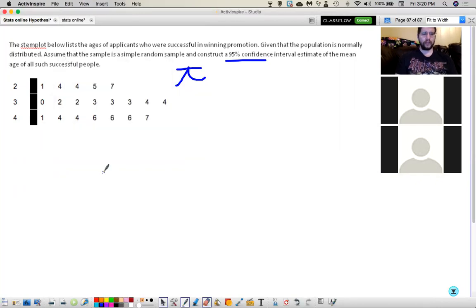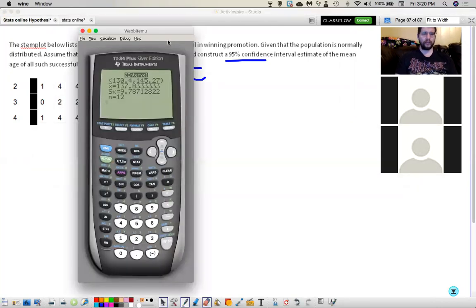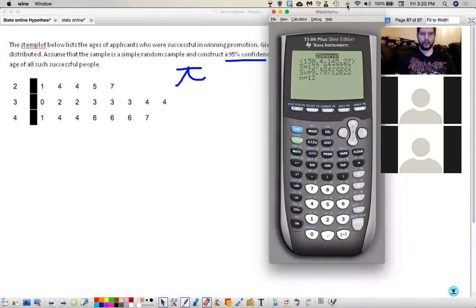It's actually a lot faster for me to type in the TI, so let me do that. I'll use the TI to get the mean and standard deviation, but you could do the same thing on the Casio. Just type it in your list and go to the bars, and number 2 and 4 are the mean and standard deviation.